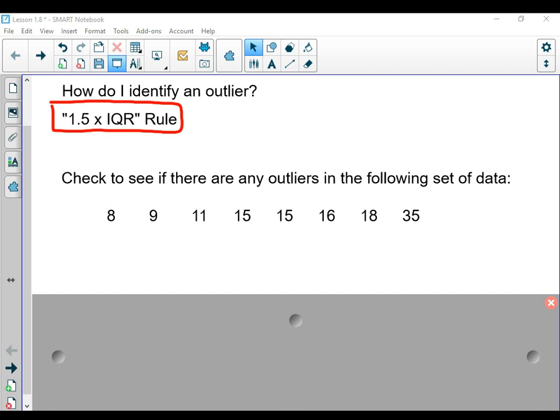I put that data on the note sheet, didn't I?